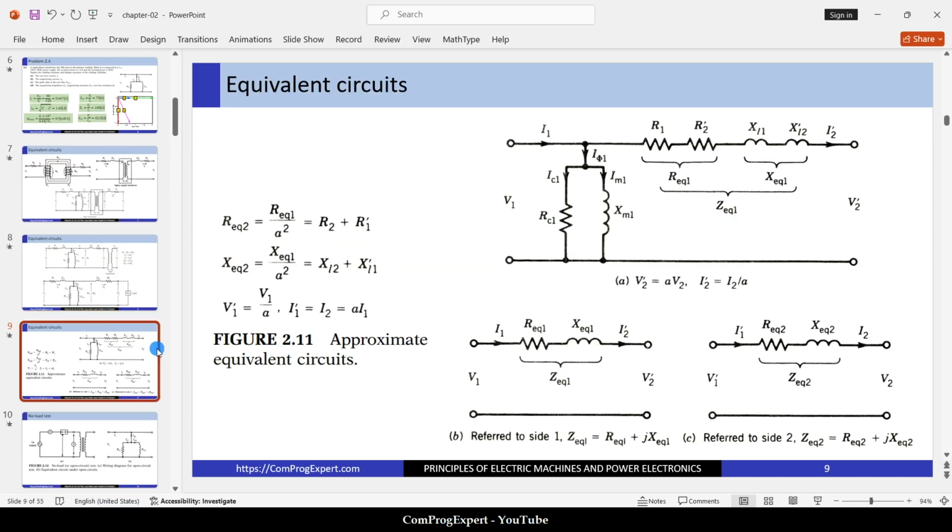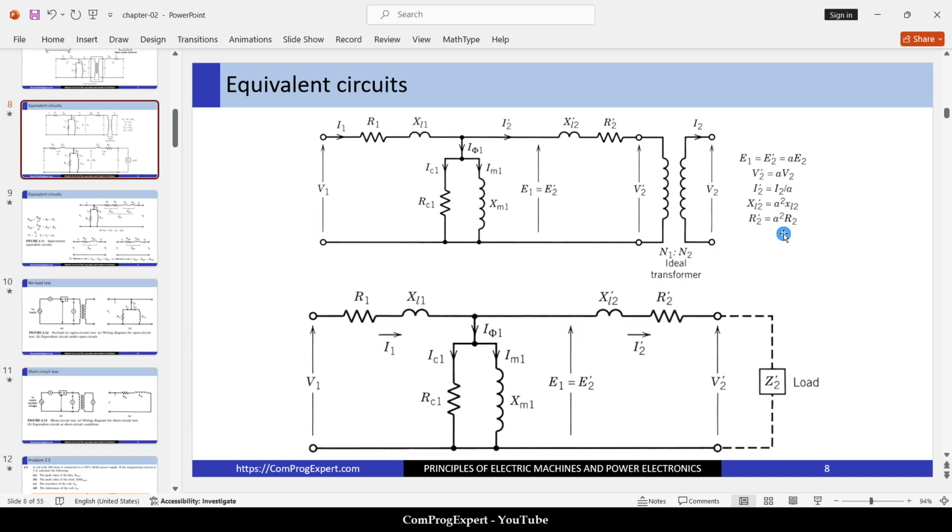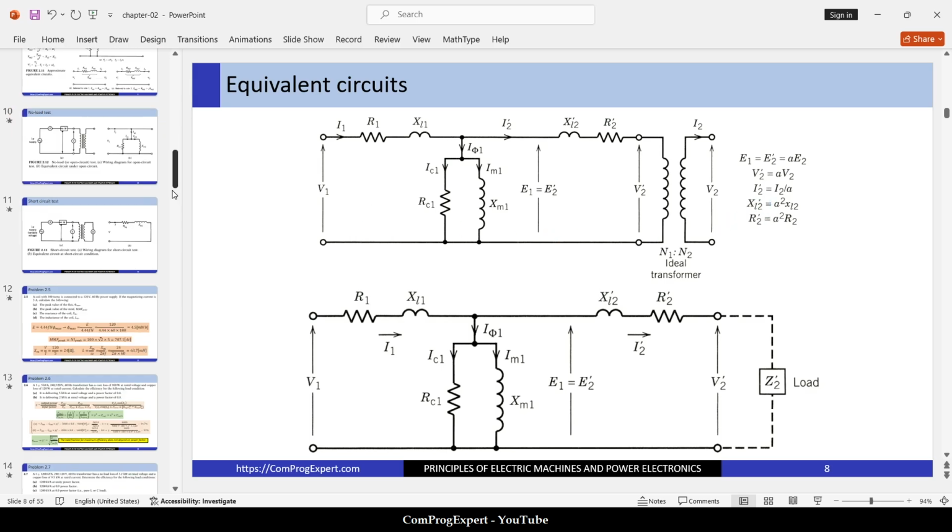We are using this model, and you also remember the equations used to calculate these referred values for the voltage, current, resistance, and leakage reactance.